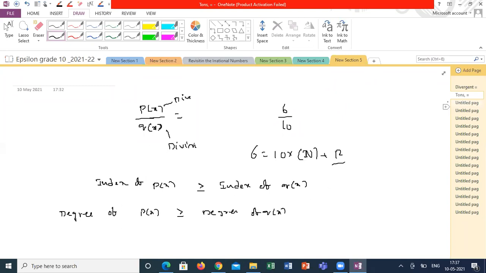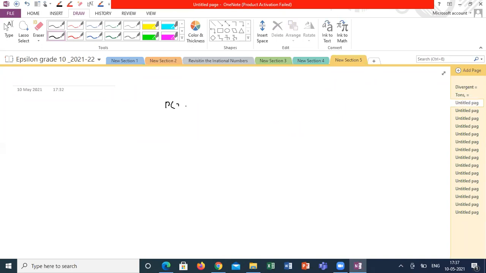If that holds, I can write P of x will be equal to Q of x into h of x plus R of x, where P of x is the dividend, Q of x is the divisor, h of x is the quotient, and R of x is the remainder.